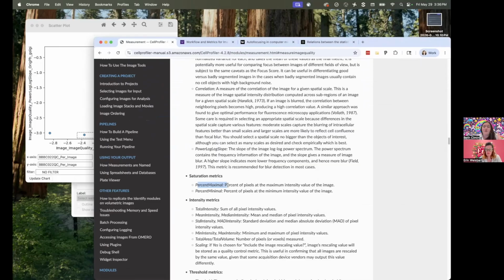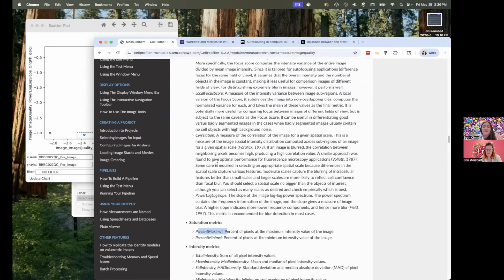I can't get good quantification of intensity from here. I don't want this image anymore. But for things like blurring and things like correlation, especially channel to channel, these things can be really different, certainly experiment to experiment, and they can be affected by things like confluency, because that will change the amount of intensity variation in your image. So usually we're not so much looking for a hard cutoff as we're looking for the outliers.